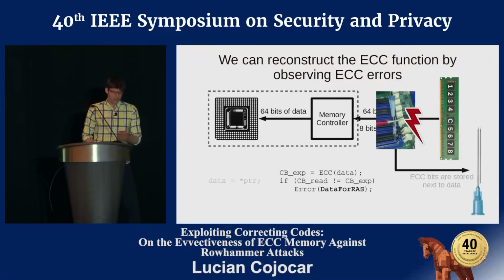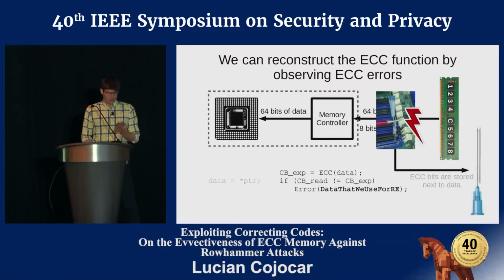Yes, that is a syringe needle, and it was fun to build that probe at least. So the idea is that we cause this error on purpose, and then we gather this data that we can use to reverse engineer the ECC function. All of the details and all of the mathematical explanation of this is in the paper.